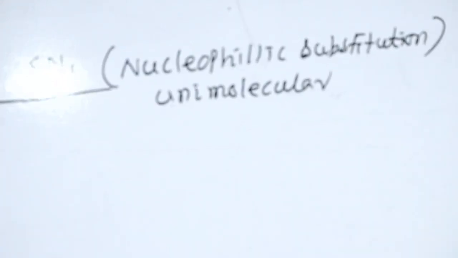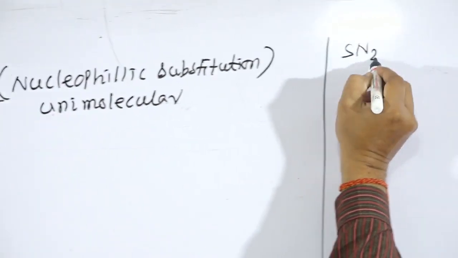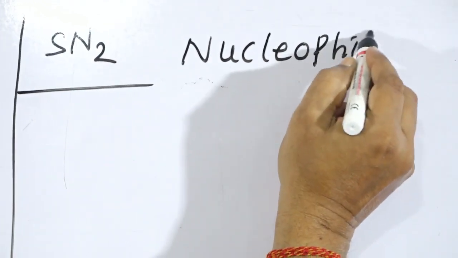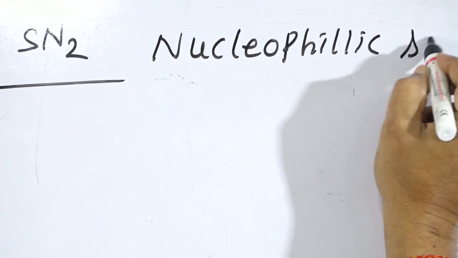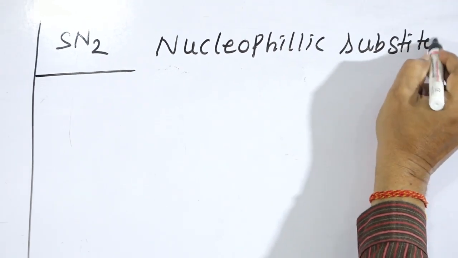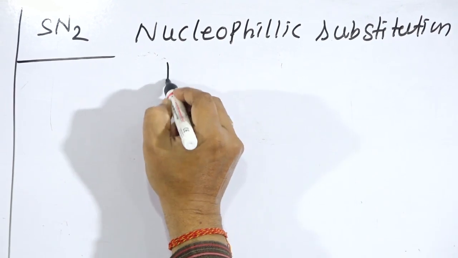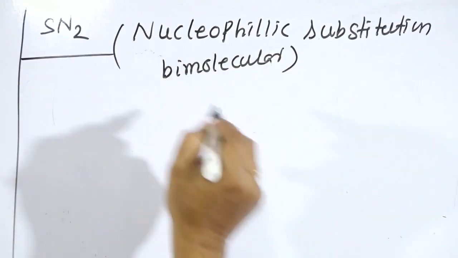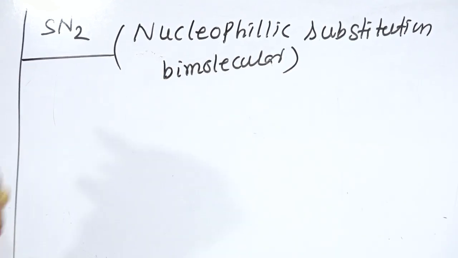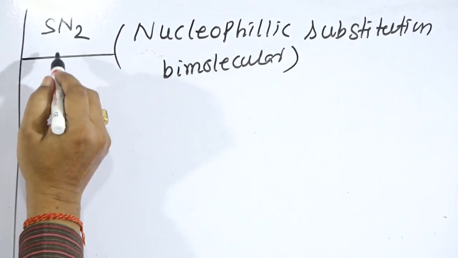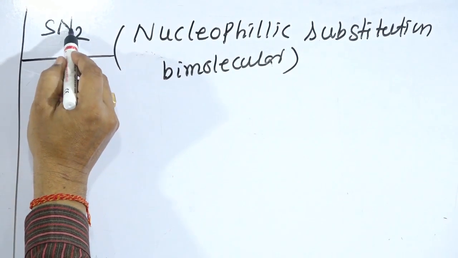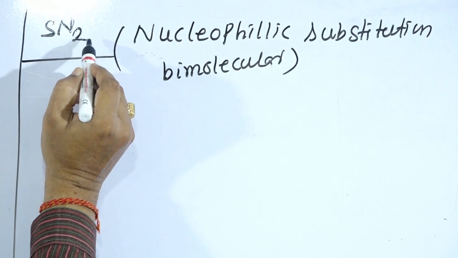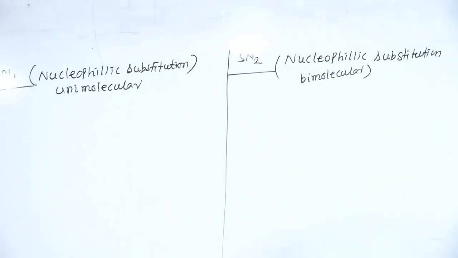The second one is the SN2 mechanism, SN2, that is nucleophilic substitution bimolecular. N stands for nucleophile, S stands for substitution, 2 stands for bimolecular, and 1 stands for unimolecular.